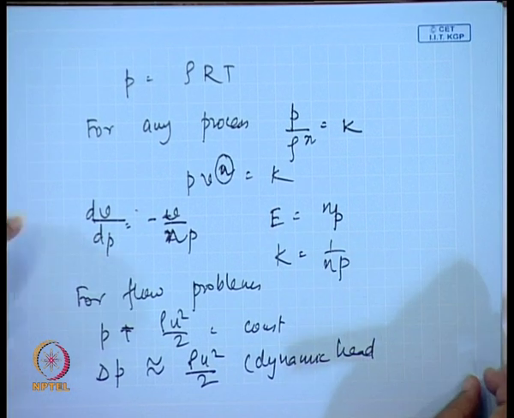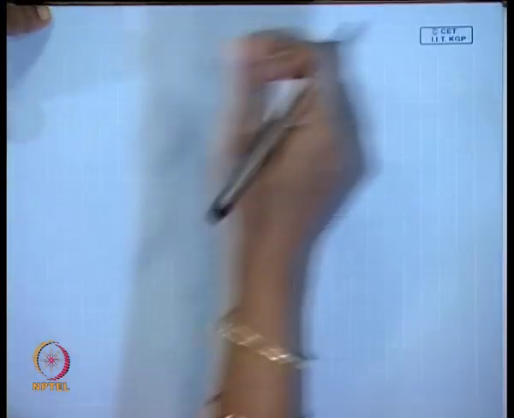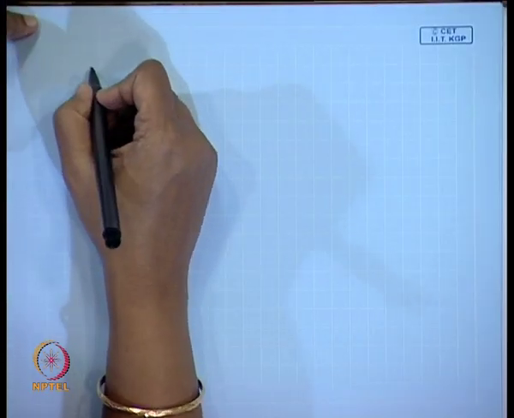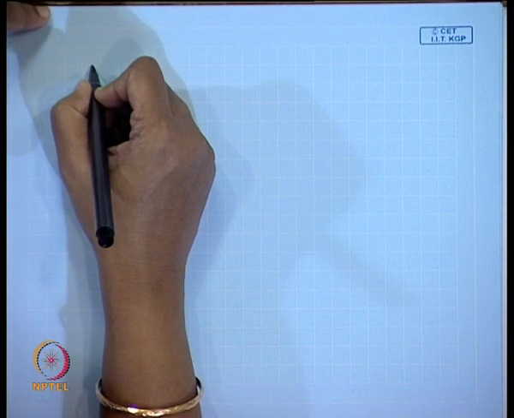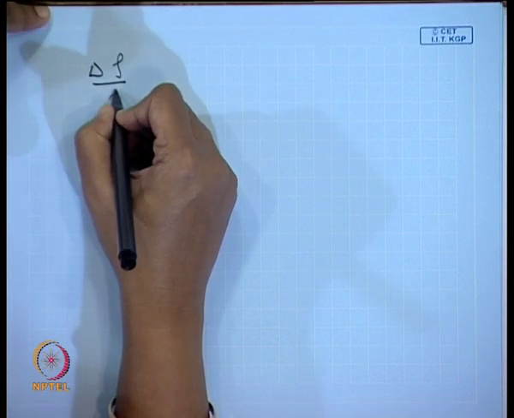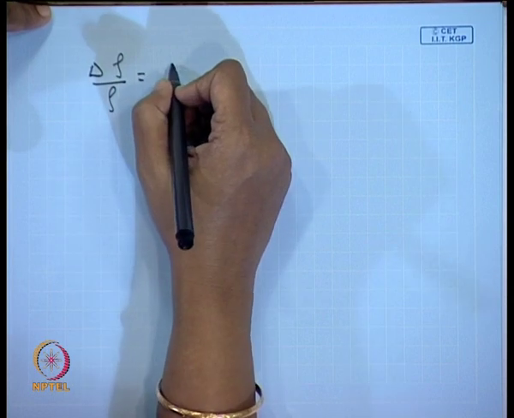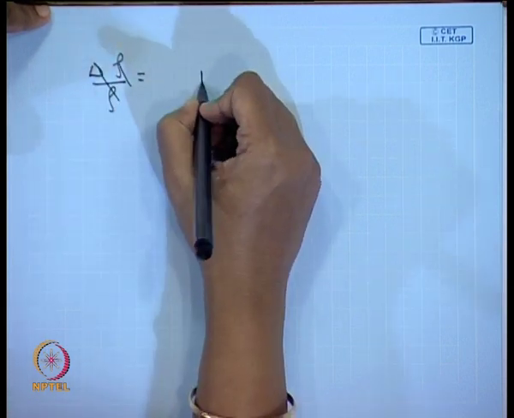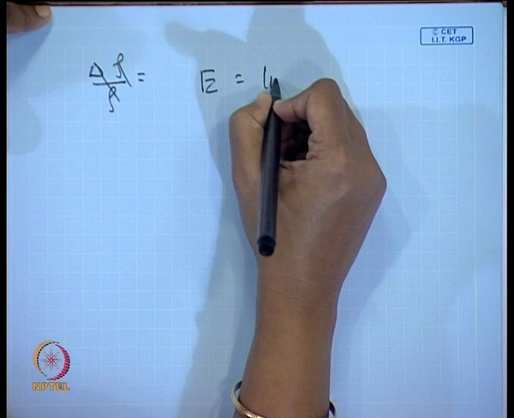Now, we know that delta rho by rho is nothing but equal to, I will derive it a little, it will be easier for you. How did we define E?